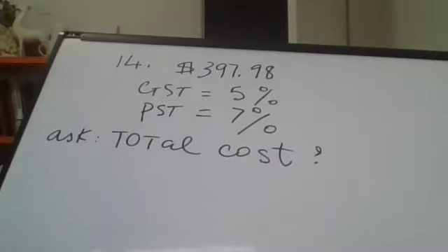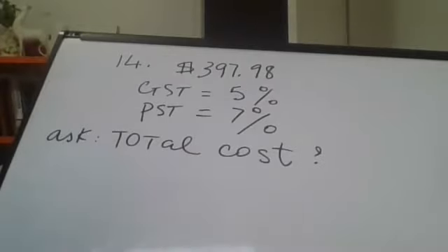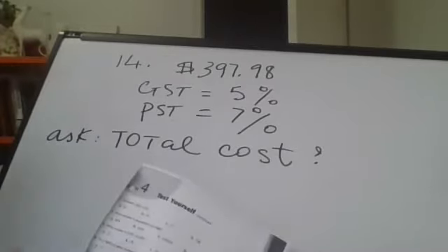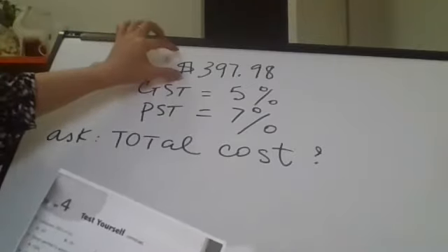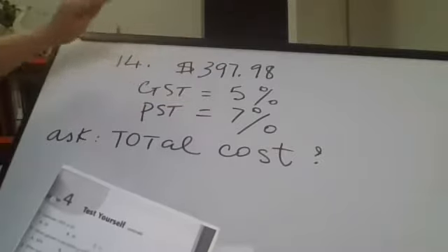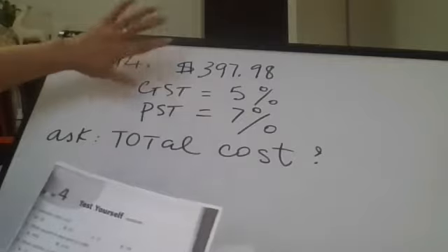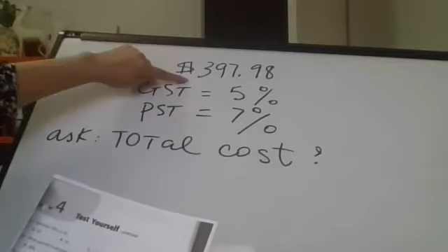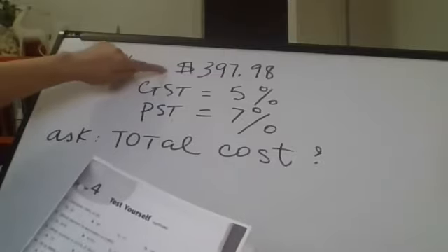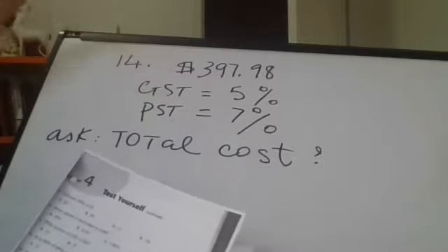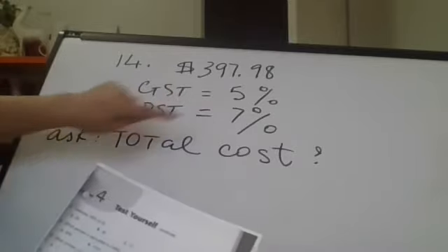Now, when you solve a word problem, first you have to read the question at least 3 times. Write down the information they tell you, in short form. You don't have to write the whole word problem, just whatever is necessary. Show the amount, $397.98, and know that this is the purchase or item cost. Know the GST is 5% and the PST is 7%.